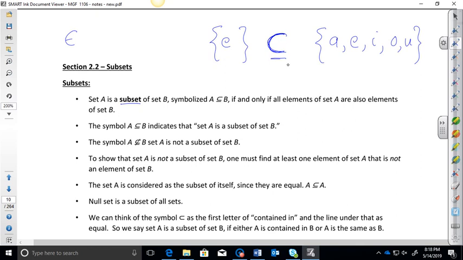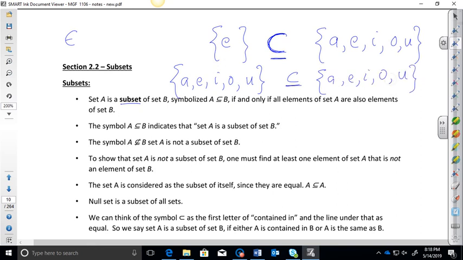If you put a line underneath, that means it can be the same set too. So I can say the set itself, A, E, I, O, U, is a subset of itself. That's why you put that equal sign underneath.